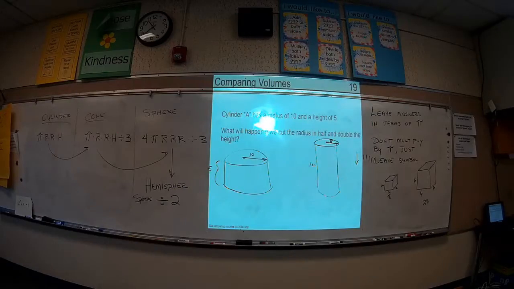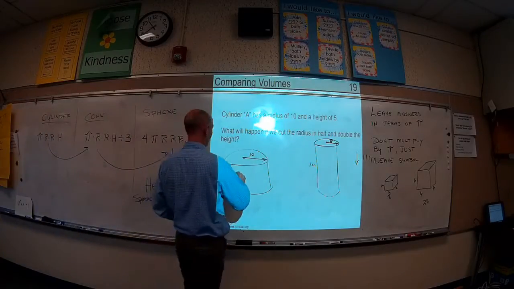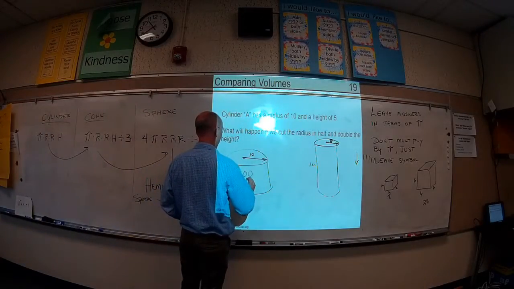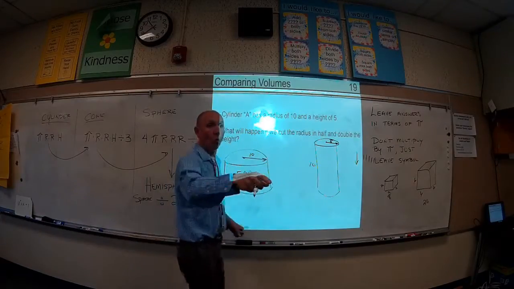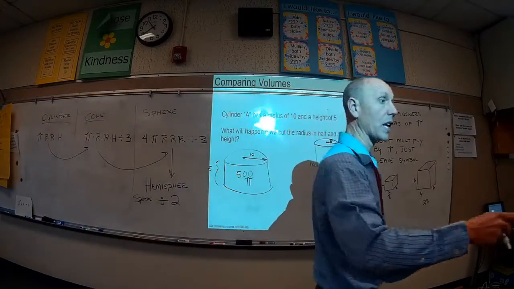No, you don't. We already did that. That's for the other side. We have 500 pi over here. The other side has to be that area. What's yours? 250 pi.